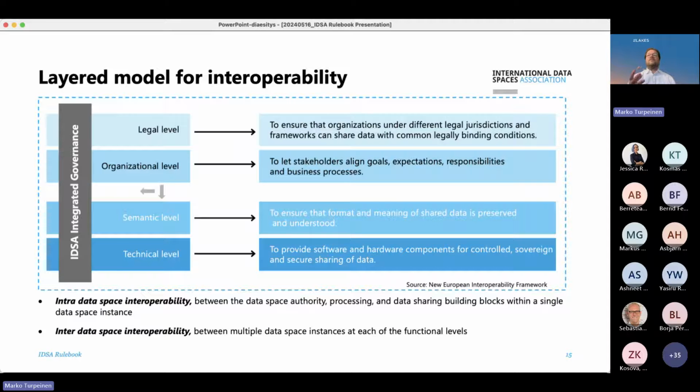And then the other type of layers that we have is when we talk about interoperability. So how do we connect or make interoperable these different 4 layers of legal, organizational, semantic, and technical? And again, I think this document that we have here and the rulebook that we are building is more looking at the upper layers, so organizational level, legal level, and then the technical interoperability details often are left outside the rulebook thinking.